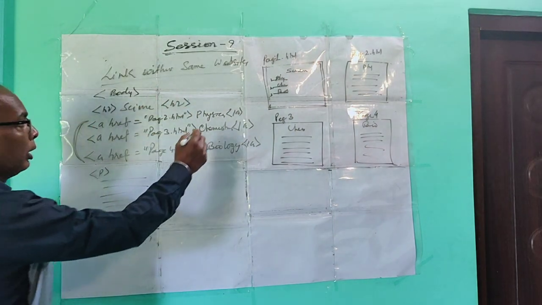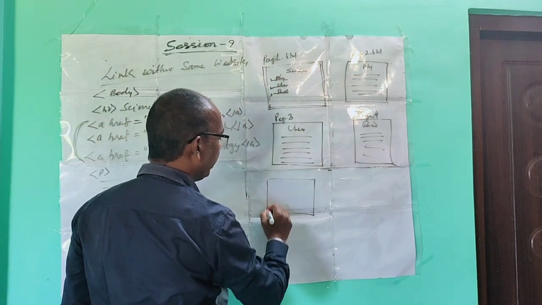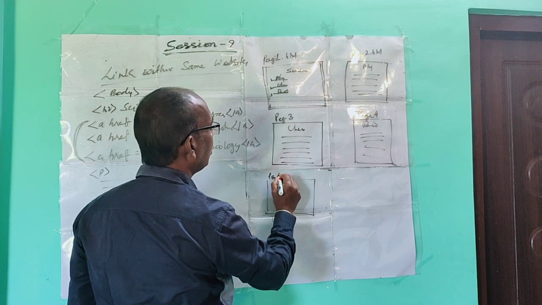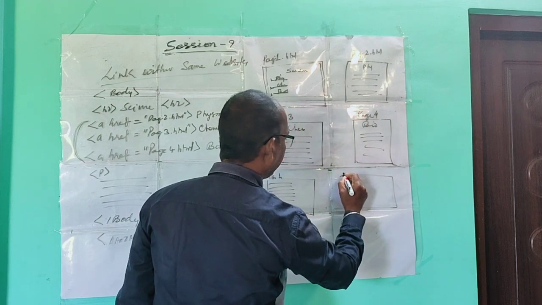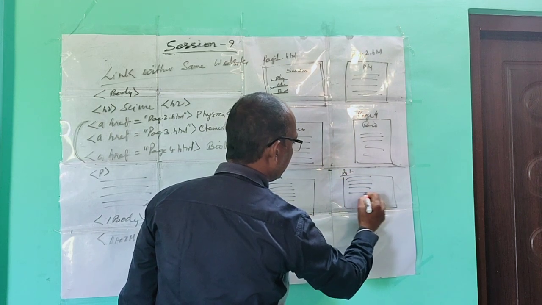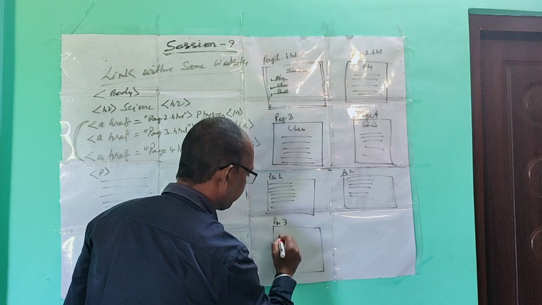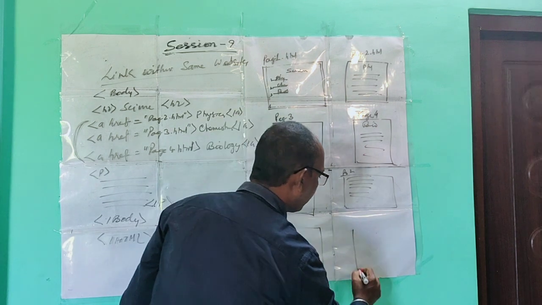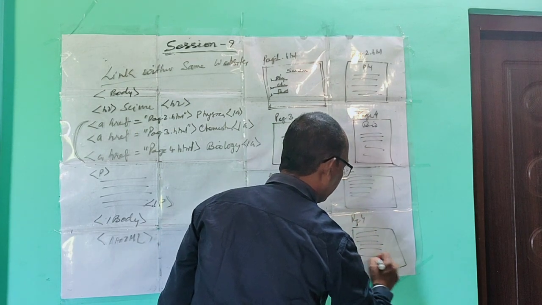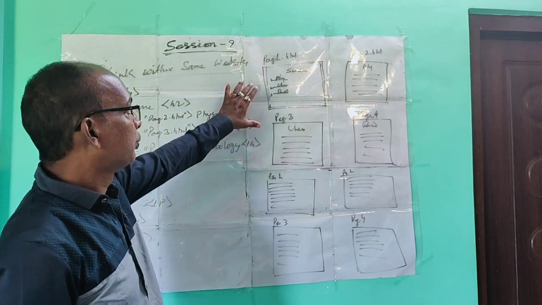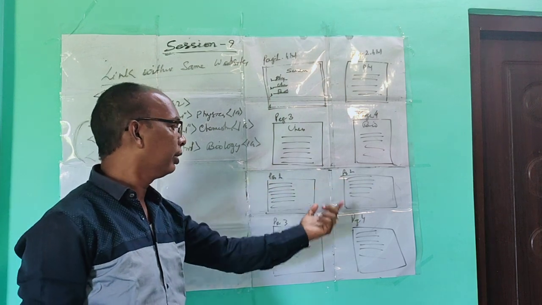When you write in notepad, we can write for the 4 different pages: one notepad for page number 1, second notepad for page number 2, third notepad for page number 3, and fourth for page number 4. So to make four links, we need 4 different notepads.